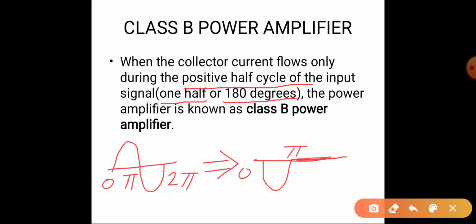The collector current will only flow for the positive half cycle, meaning what? We will get a negative half cycle because of the single stage, we are getting a 180 degree phase shift. For the other half cycle, the negative half cycle, the output will be 0. So, here the conduction angle is 180 degrees.